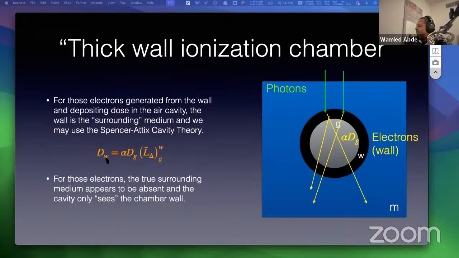Remember, this is how we calculated the dose in the wall from the dose to the cavity, or dose to the gas, from these electrons. That's why we have an alpha multiplied by the mass restricted collision stopping powers, wall to gas.